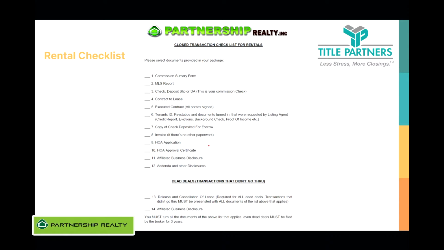The contract to lease, any executed contract, the residential lease agreement, the tenant's IDs, pay stubs, documents, and anything, if you had a RentSpree check where they did a credit check, a background check, if you can grab all that information, because Leslie will need it for compliance.